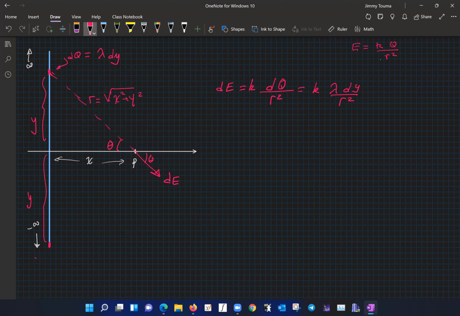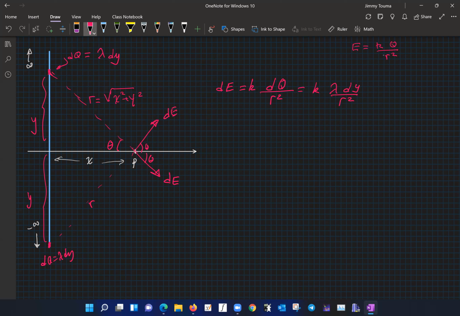This is also dq, capital Q, let's keep it consistent. Such that the electric field at this point is equal in magnitude to this one. They're both the same distance r from point P. Here's the dq, distance r from point P.